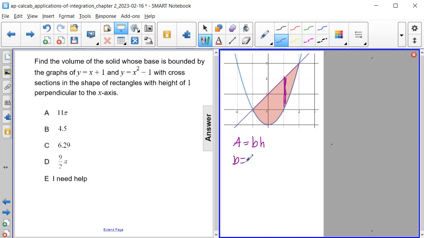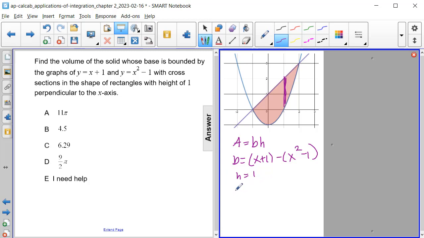So the base is going to be equal to x plus 1 minus x squared minus 1. And we are told in the problem that it has a height of 1. So we know the height is 1, and we know that the thickness for the volume is going to be the dx, because it's perpendicular to the x-axis.